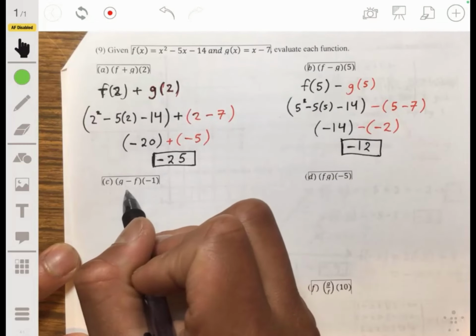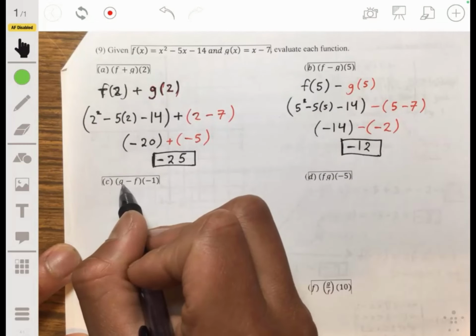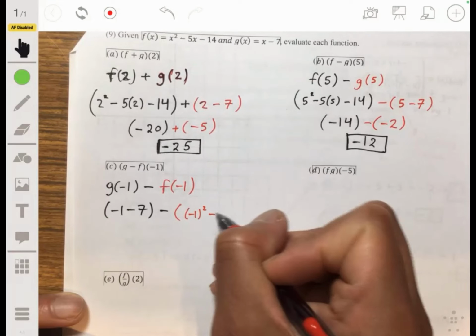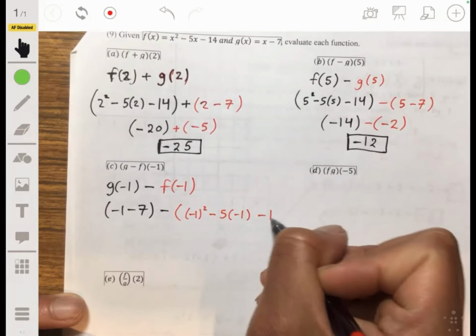All right, for C, now it's just the other way around. We're just doing g minus f of negative 1. So we're going to take g of negative 1, and then we're going to subtract f of negative 1. So plug in negative 1 into there. We're going to have negative 1 minus 7 minus, plug in negative 1 into here, negative 1 squared minus 5 times negative 1 minus 14.